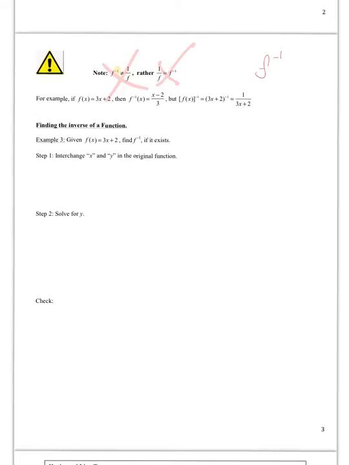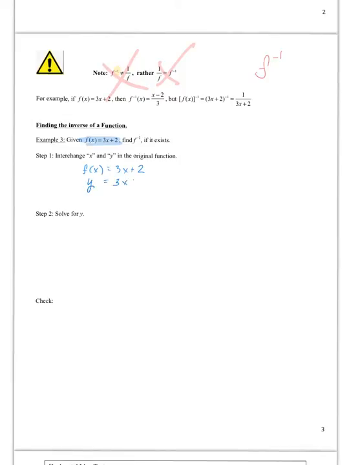Now, algebraically, it's quite easy to find the inverse of a function. Knowing that the domain of a function becomes the range of its inverse, and the range of a function becomes the domain of its inverse, it makes sense that all you have to do is, given a function f of x equals 3x plus 2, first represent f of x as y.